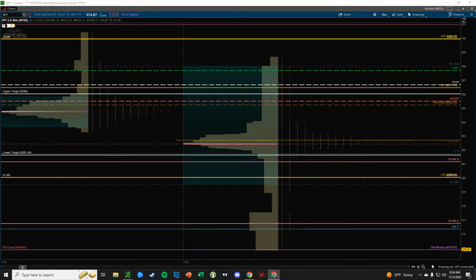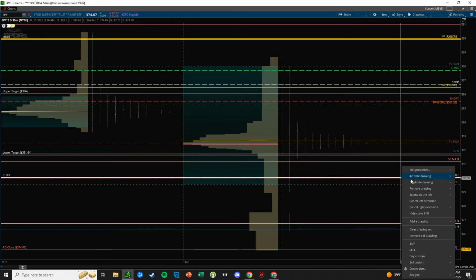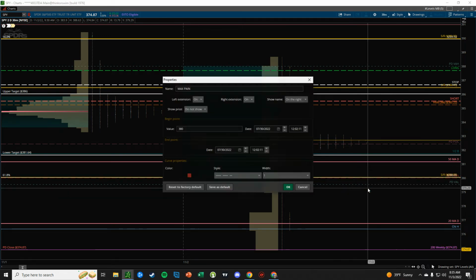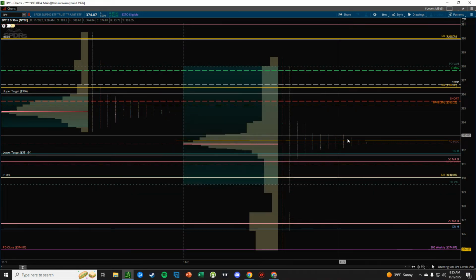One of the other things we are going to do is take a peek at what max pain is today. Max pain, of course, being the point at which the most people are getting squeezed and or puked from their positioning. And today's max pain tells us that 381 is the strike price at which the most calls and the most puts will be feeling pain.